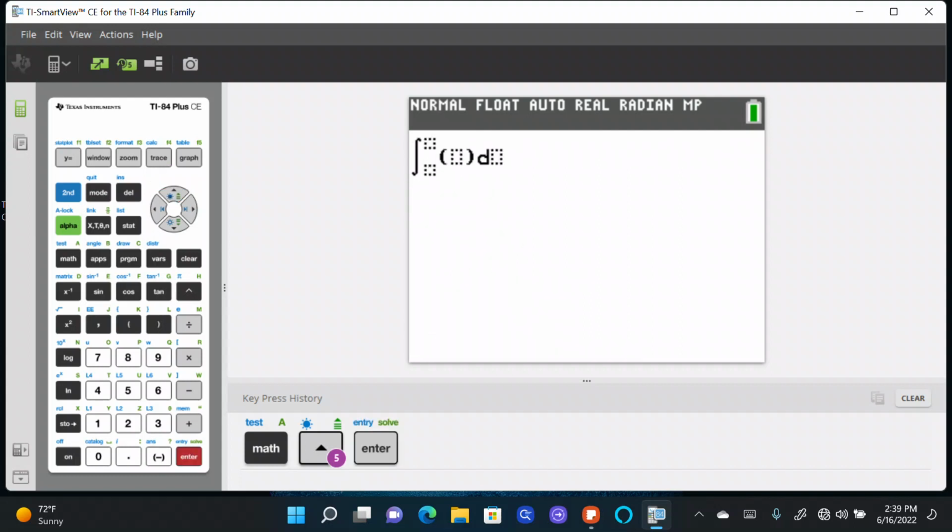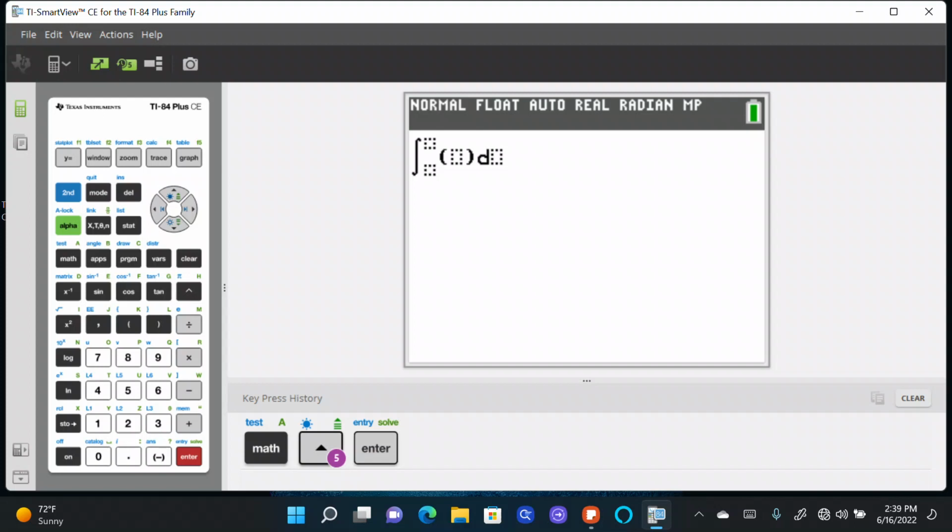Click enter. Some calculators are pretty cool and they give you these little boxes to just fill in the blanks. Some other calculators don't look like that. If your calculator doesn't look like this, see me at the end of class so I can help you set up the integral.